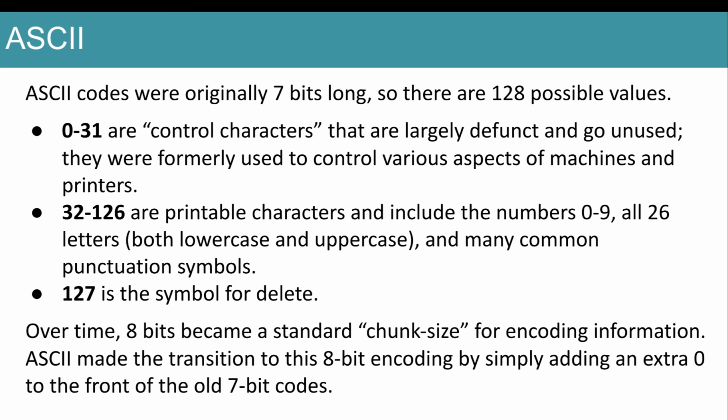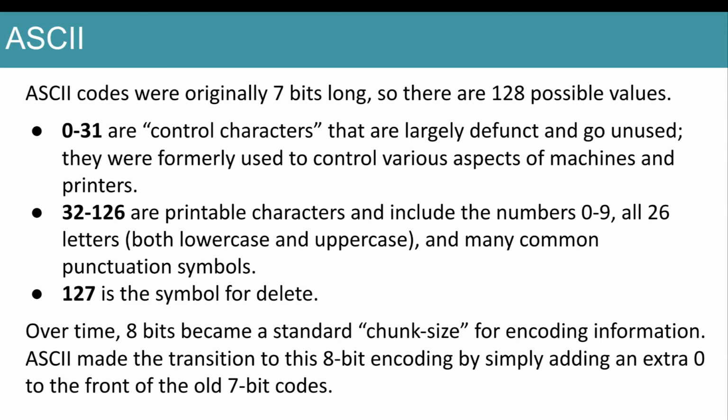They include all the digits, 0 through 9, all 26 of the letters, both uppercase and lowercase, and many of the common punctuation symbols. And 127 is the symbol for delete, because when you hit the delete key on your keyboard, the computer needs to know what to do with that. So 127 is the decimal representation for delete.